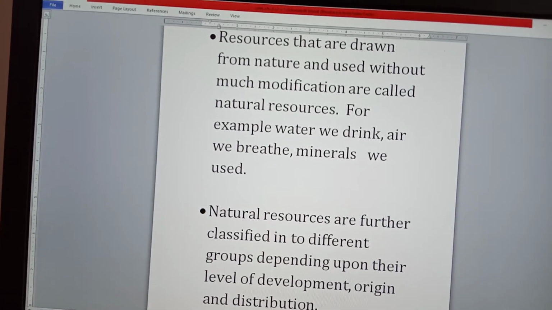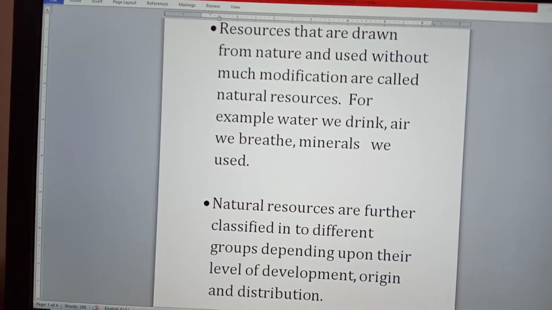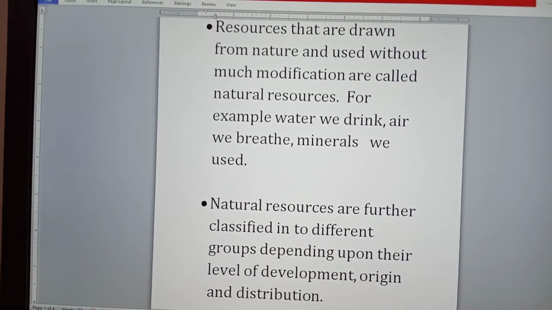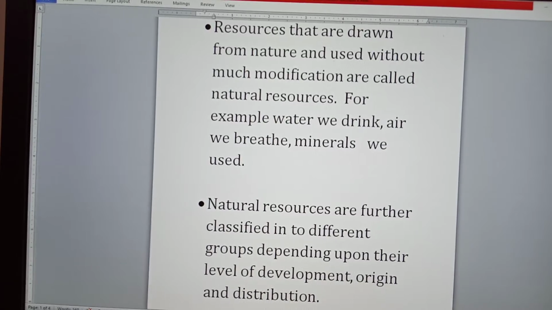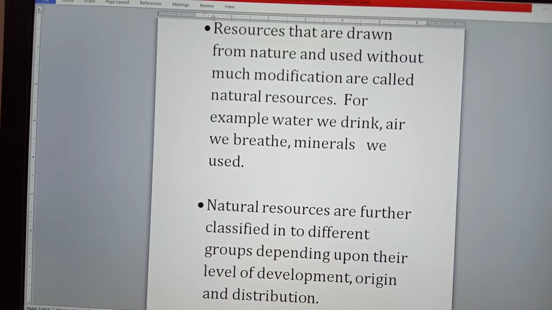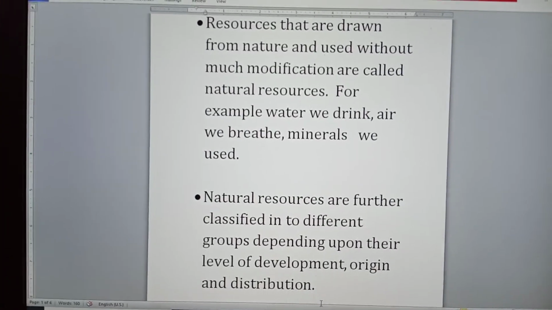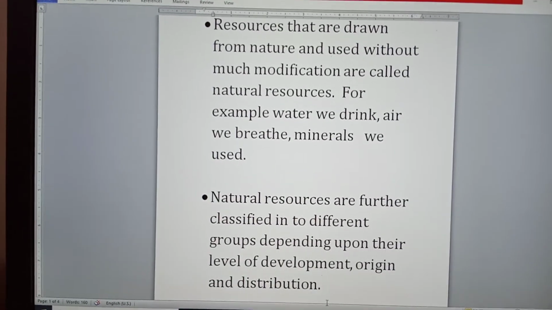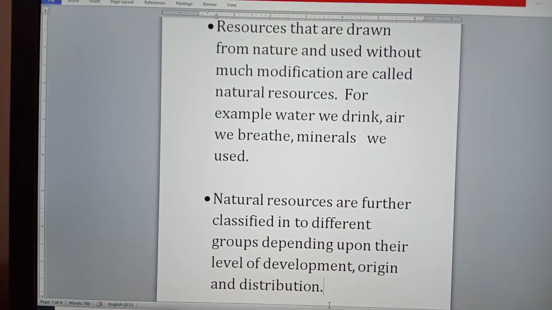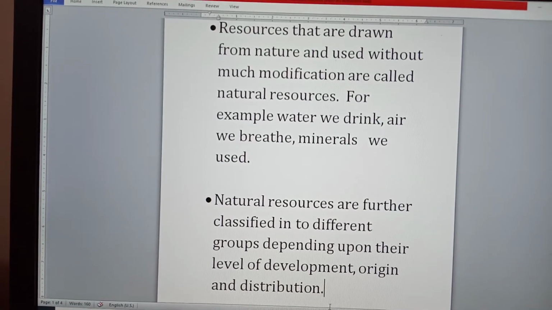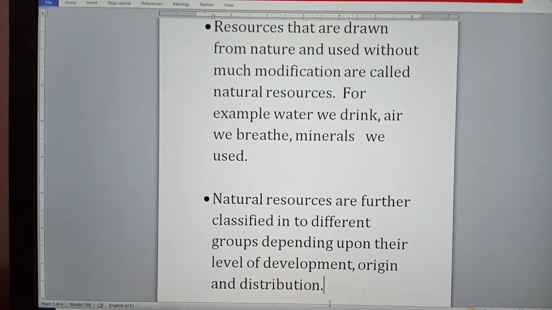For example, water we drink, air we breathe, minerals we use. Is it clear, students? Natural resources are further classified into different groups depending upon their development, origin and distribution.